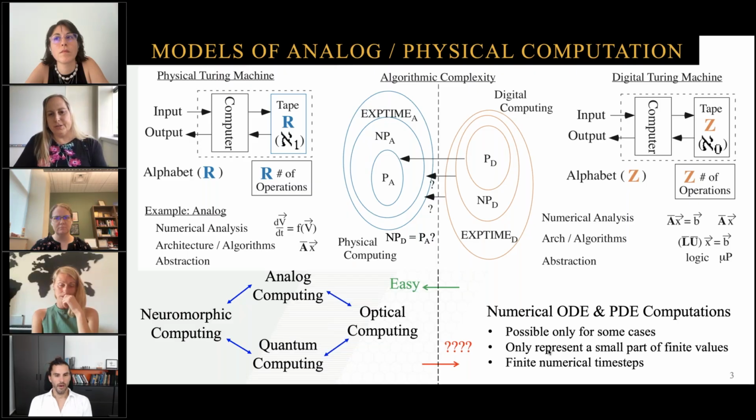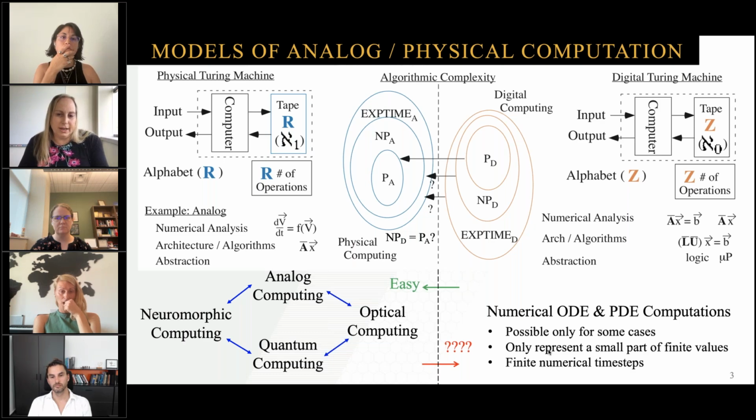And it's interesting because you can definitely say it's easy to go from a digital system into a real valued system, a physical system. That's easy because I just need to discretize things. Going the other way, it turns out you can at best only do an approximation for some cases, because you can only ever represent part of those values.